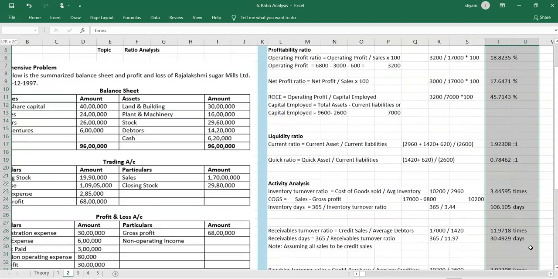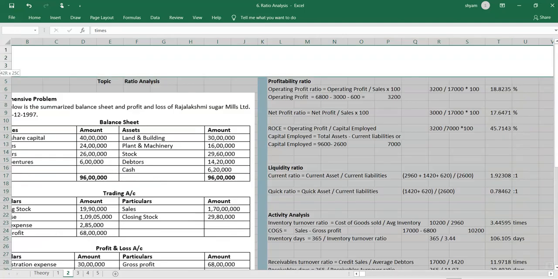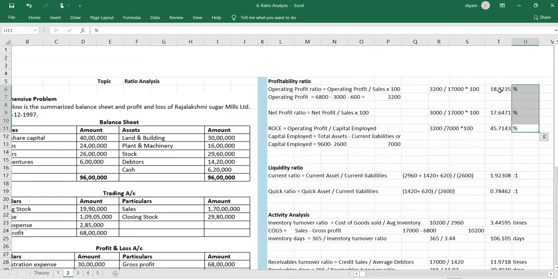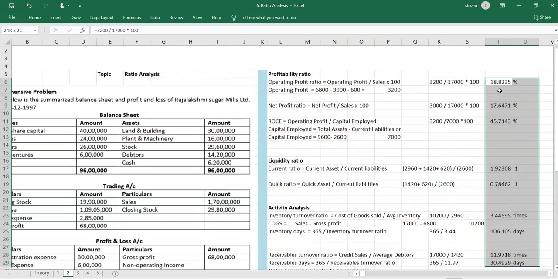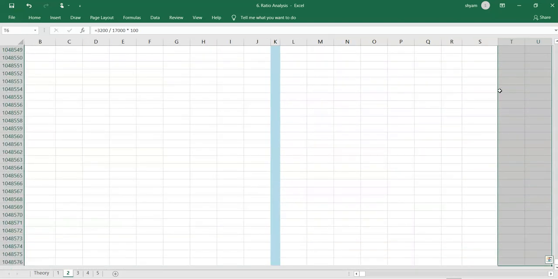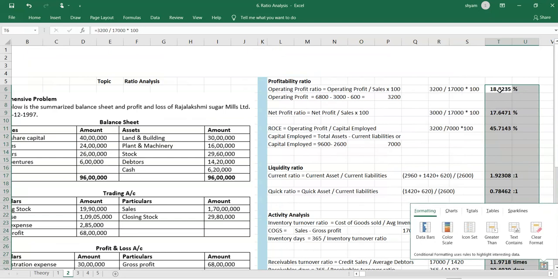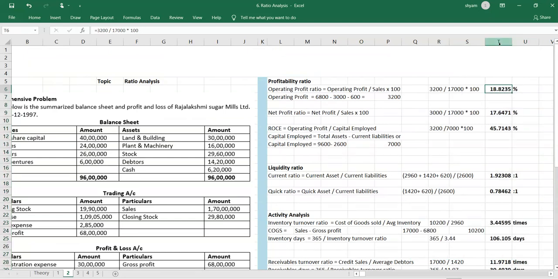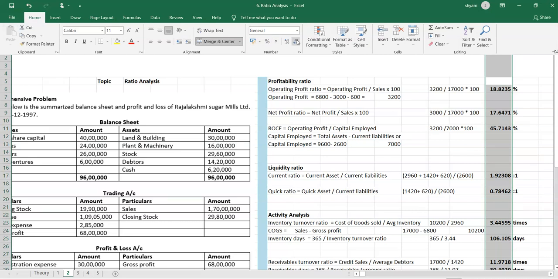So just to highlight them, we'll bold it. And we'll reduce the zeros, sorry, after decimal. We'll just round it off.